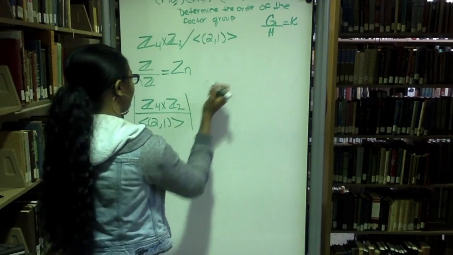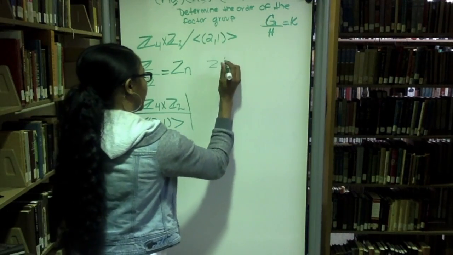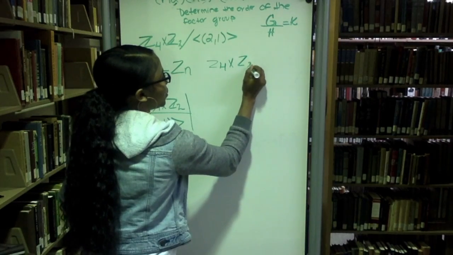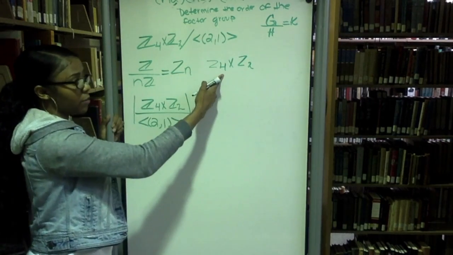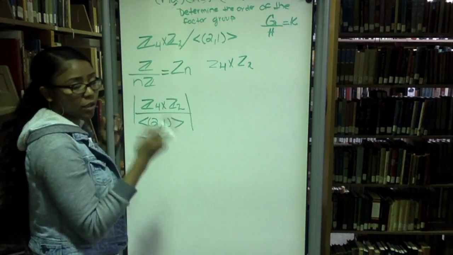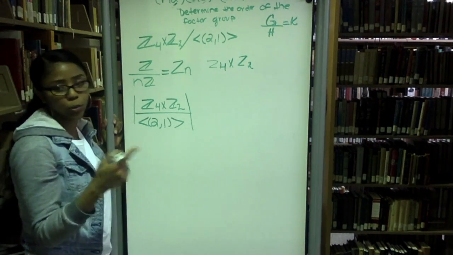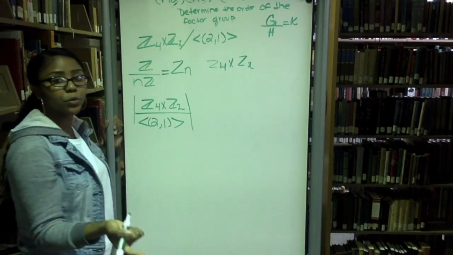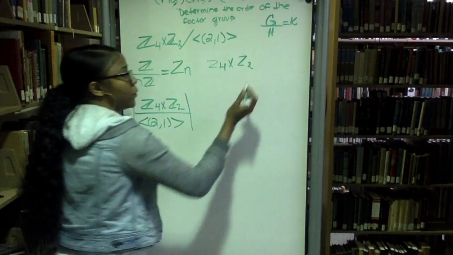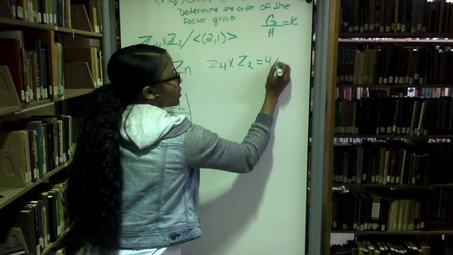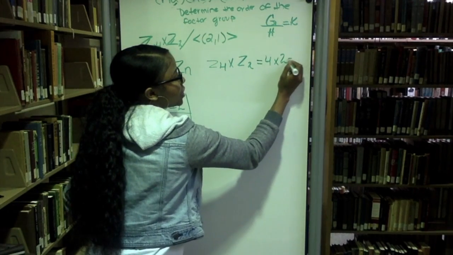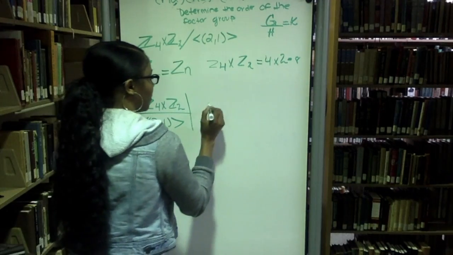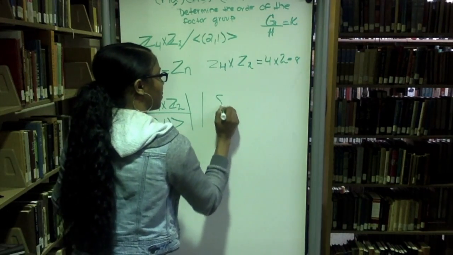So we're going to find the order of Z4 cross Z2. There's 4 elements in Z4. We said in the previous element that it was 0, 1, 2, and 3. And there's also two elements in Z2, which is 0 and 1. If we do 4 times 2, which is equal to 8, that'll give us the order for the top part.